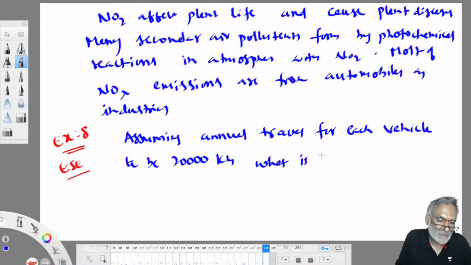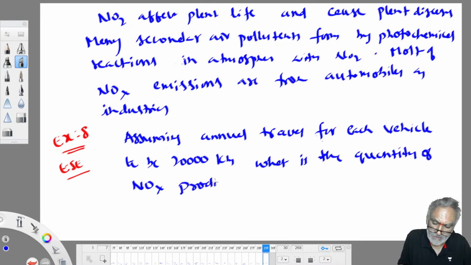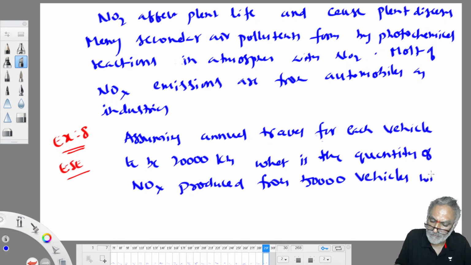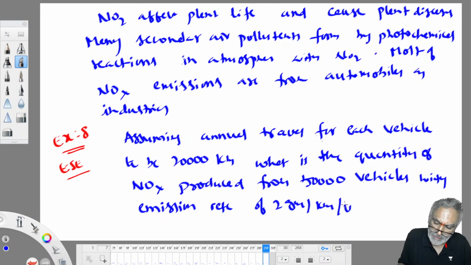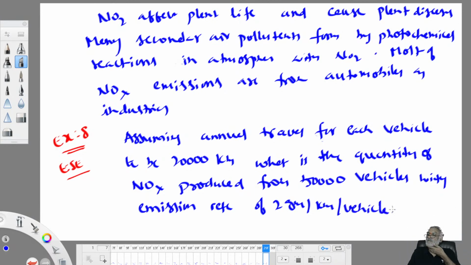What is the quantity of NOx produced from 50,000 vehicles with an emission rate of 2 grams per kilometer per vehicle? Come on, work it out. These are the questions.